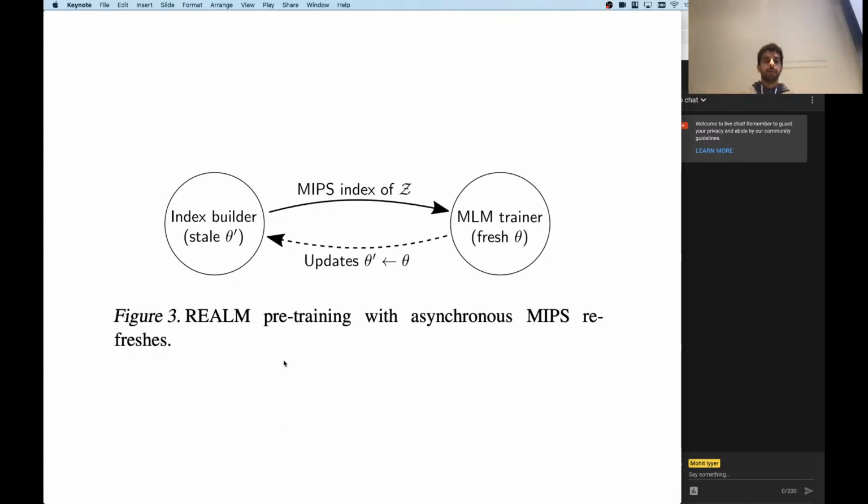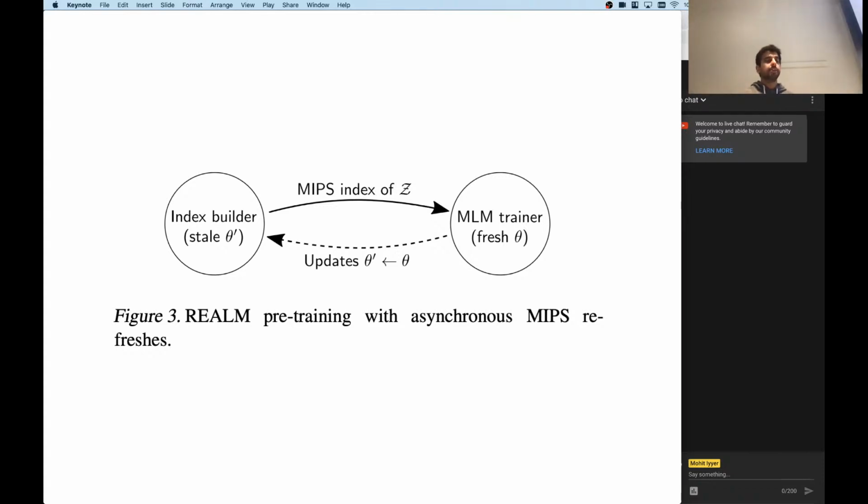So basically, they have these two processes, the index builder and the BERT masked language model predictor. And so sometimes the index builder with the embed document function will get these updates, but the embeddings themselves won't be updated until 100 iterations later or something like that.